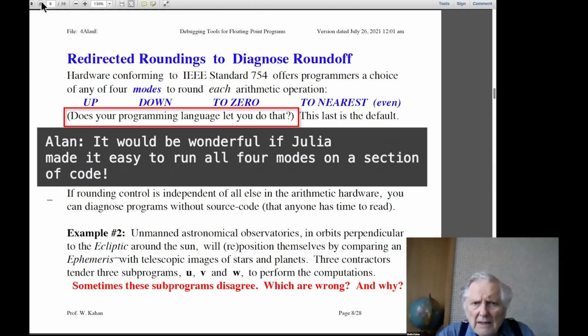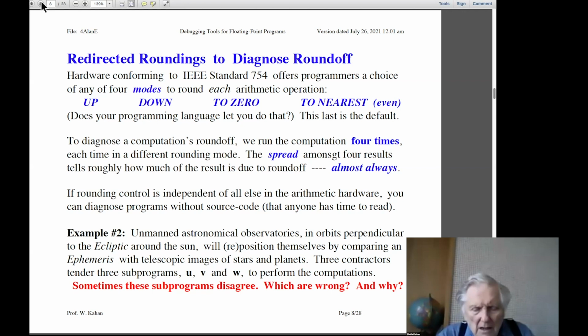Or maybe I'd like to do it again, rounding everything towards 0. And the 4th way is rounding to nearest, which is the default. Now, it turns out that this very often gives you an idea of how uncertain your result is because of round off, by looking at the 4 different values and looking at how far apart they spread.